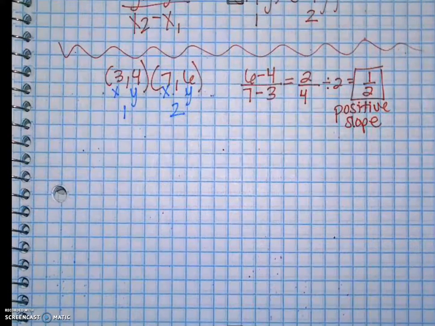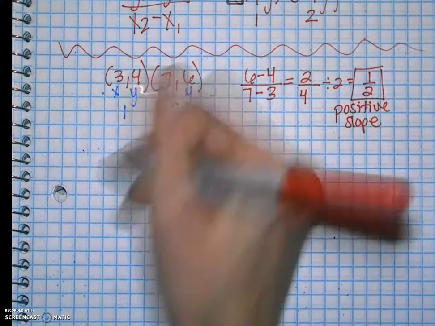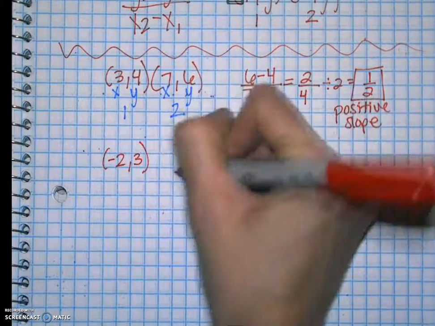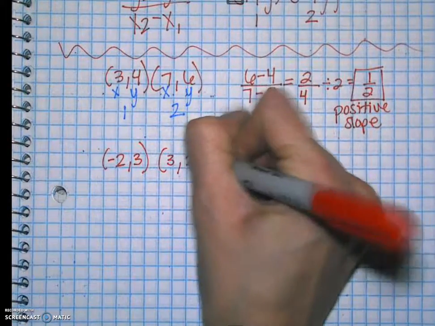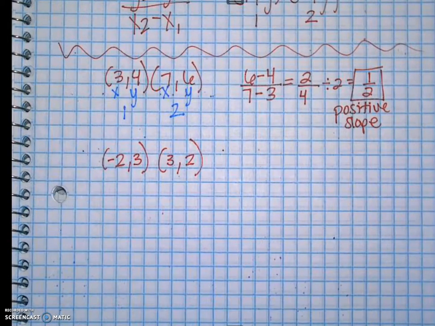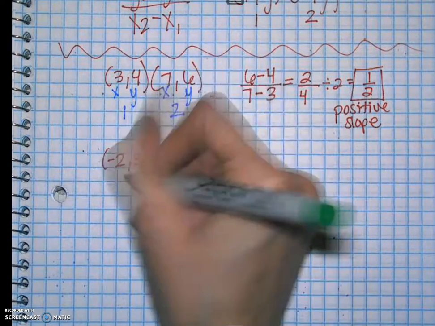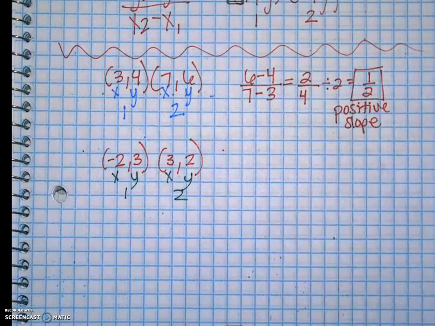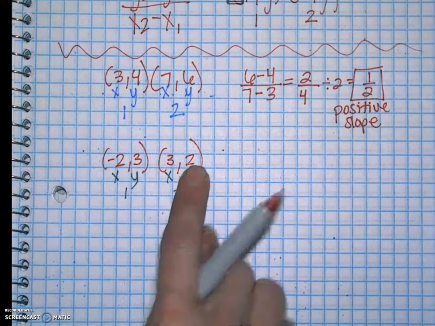Okay? So now here's your second one. You have negative 2, 3, and then 3 and 2. And again, if you want to label them x and y's, it might be easier. That's totally up to you. So same thing, I'm going to start. Now guys, if I don't want to start with that 2, that's totally fine.